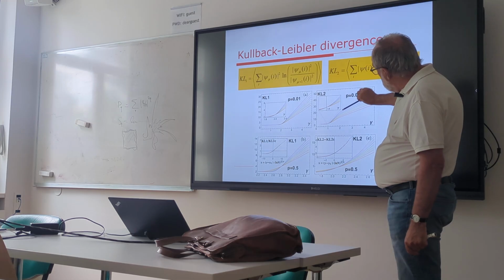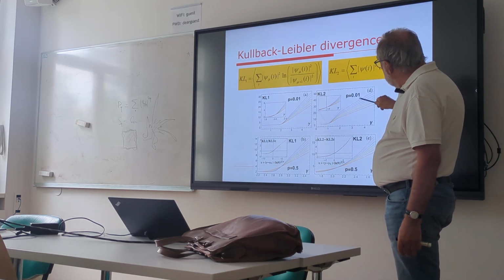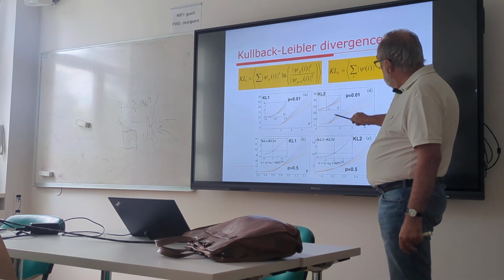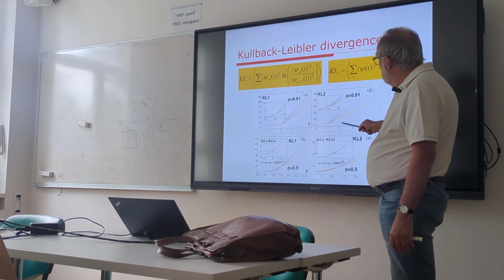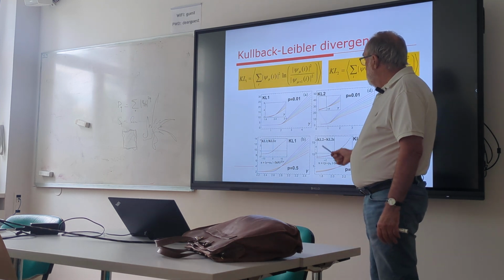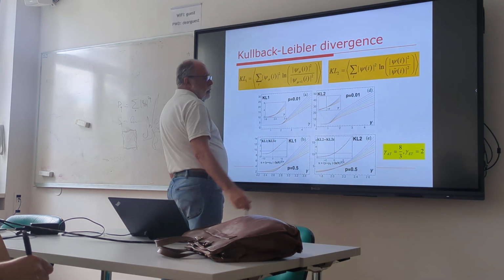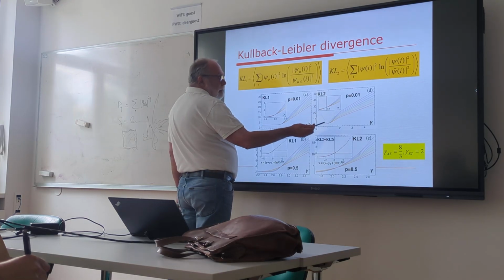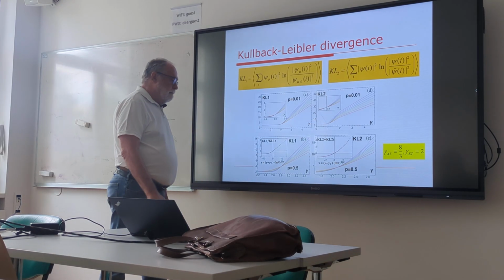So the slope changes, so the speed of divergence changes. So this KL2 in principle sees both transitions, but in order to see the localized transition, this is better. And in order to see the ergodic transition, this is the only one which shows it.